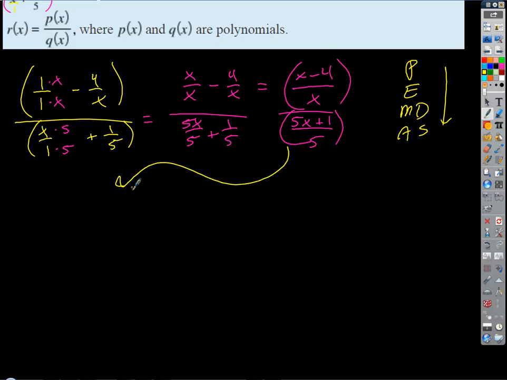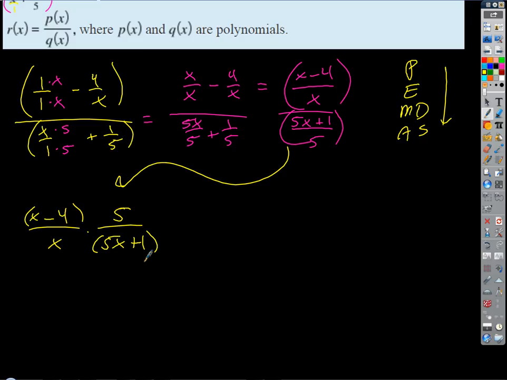The top stays the same, right? But when we divide by a fraction, it's the bottom that gets flipped and multiplied. So we get x minus 4 over x times, when I flip the bottom, 5 over 5x plus 1. Now I just multiply straight across.